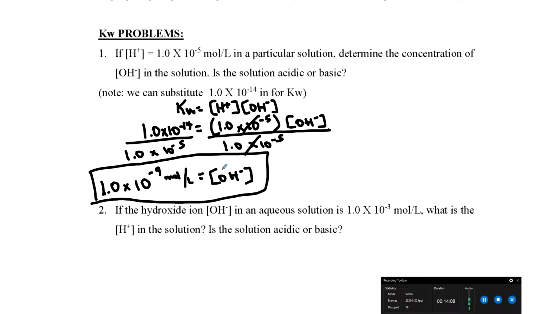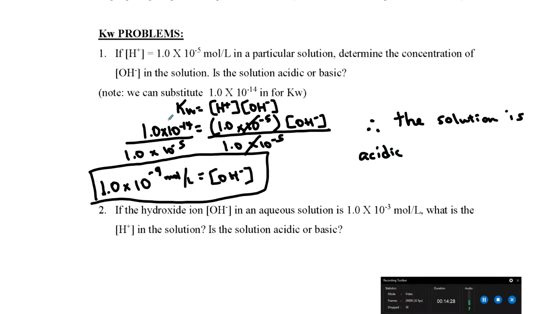So now we're going to compare those two ion concentrations to decide whether the solution is acidic or basic. So over here, let's put, therefore, the solution is acidic.